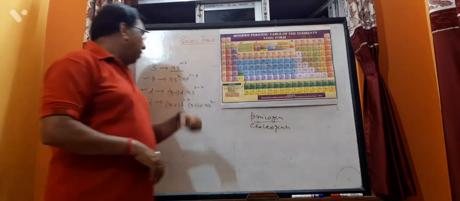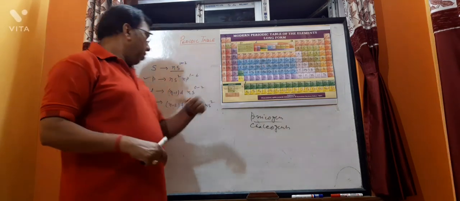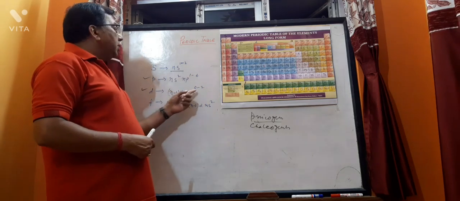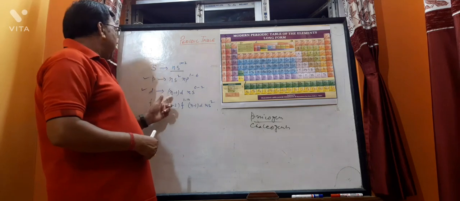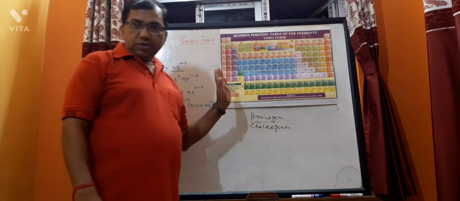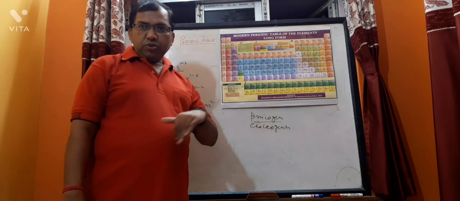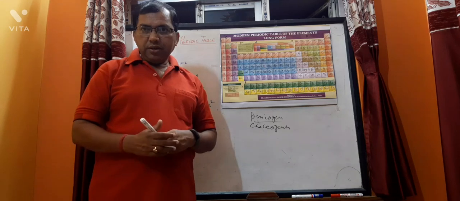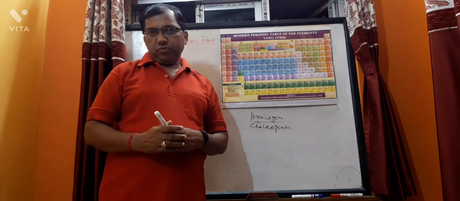So what will be the general configuration of d block elements? (n-1)d1-10 ns0-2. This is the configuration. Suppose iron. Argon 3d6 4s2.